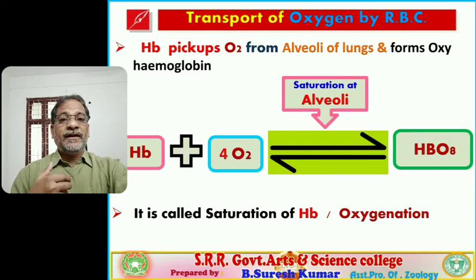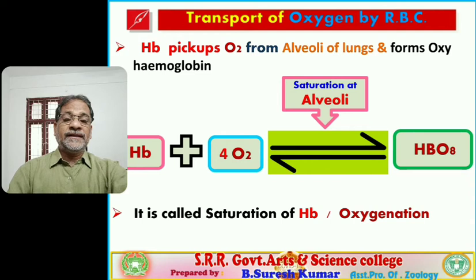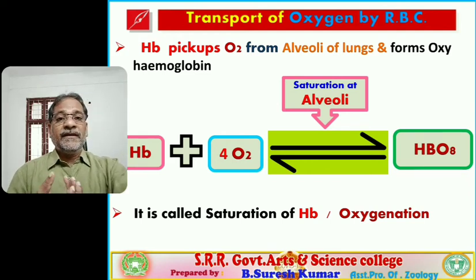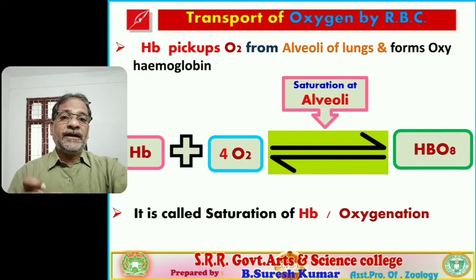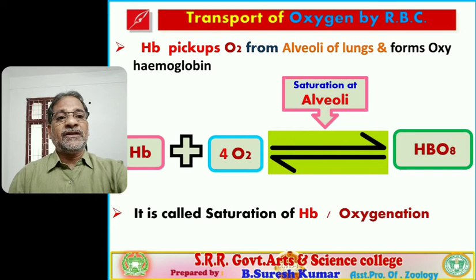At the time of delivery, according to requirement, the hemoglobin delivers the oxygen. It may deliver one, two, three or four oxygen molecules, and the remaining oxygen is held by the hemoglobin. If it is linked with four oxygen molecules, that is 100% saturation. If it is linked with two, that is 50% saturation. Followed? You remember this term, right?